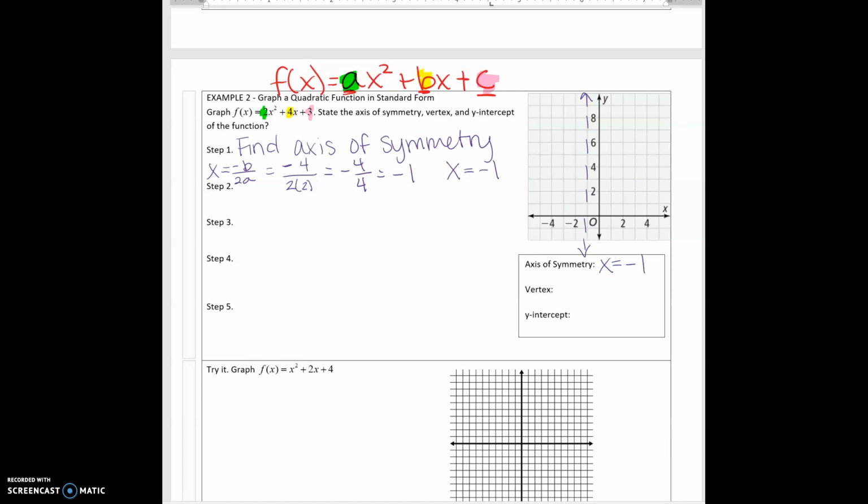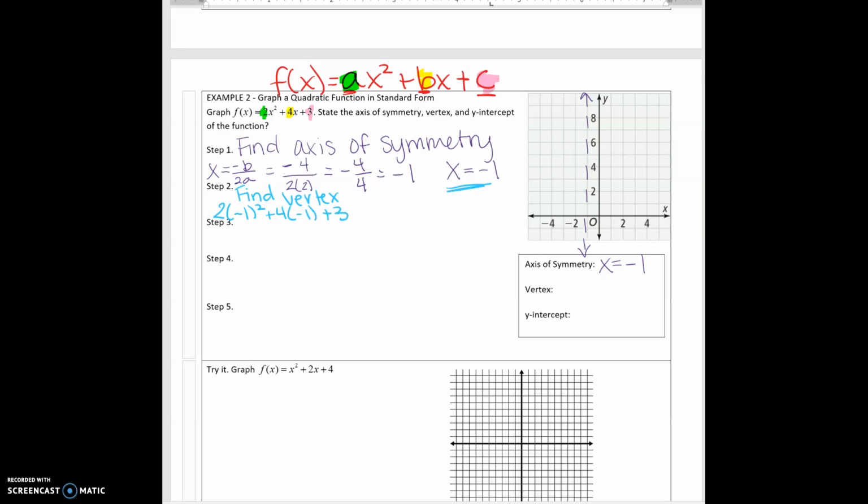Okay, then the next step is to find the vertex. And the vertex you're going to find by, we have the x value of it. We know it's going to be somewhere on this line. So now plug that into your formula. So 2 times negative 1 squared plus 4 times negative 1 plus 3.